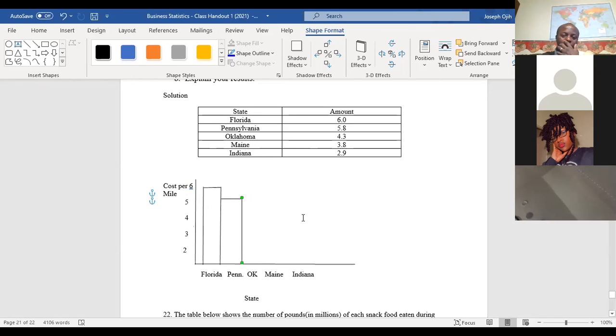Now I'm going to take you to Excel to show you how it will look, because like I said, I will show you how to do it manually to the extent that this will allow me, and then I will show you the rest using technology, Excel. So let me take you to Excel, where I can put it in faster.